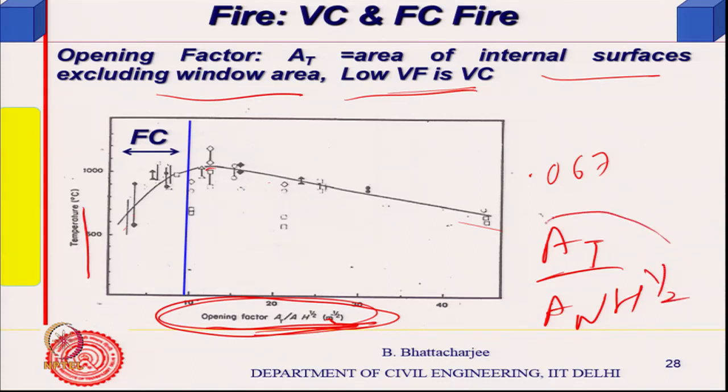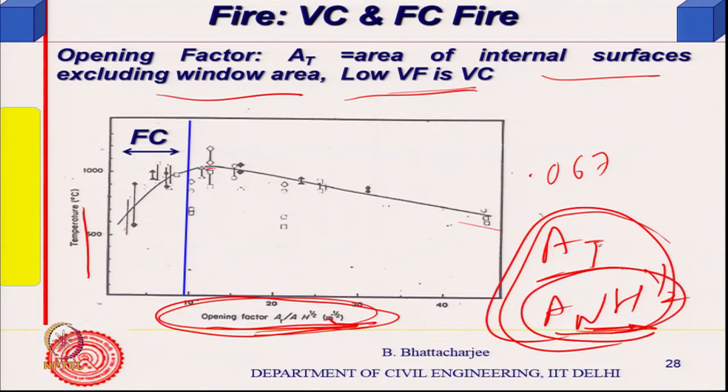So, the smaller this value is, the higher the other value would be. That means you have more ventilation when you have small values of this. So, this zone beyond the peak is fuel control, because this value is small.